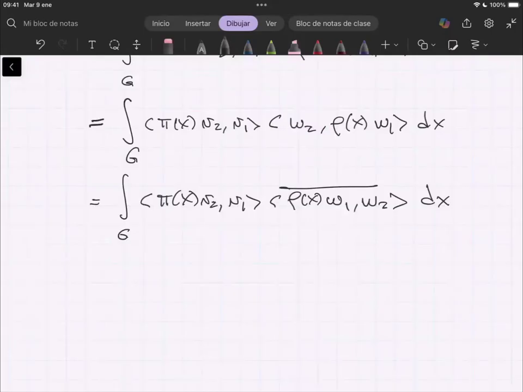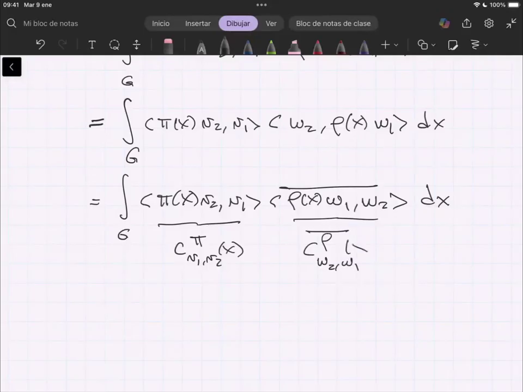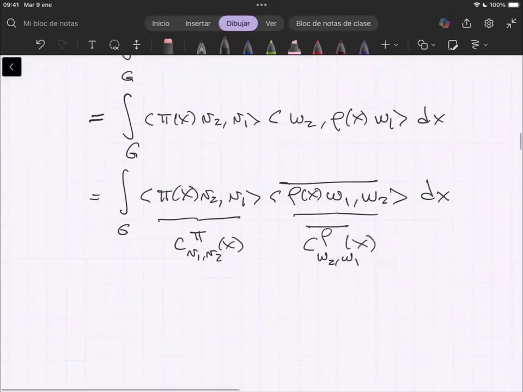This is what we call the B1, B2 of X, and this is what we call the matrix coefficient of W2, W1 conjugated of X, okay? So this is actually the inner product of these two things without the X. So the W1 and W2 are interchangeable.